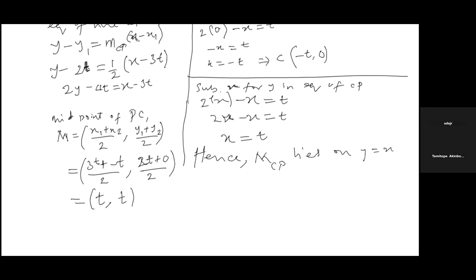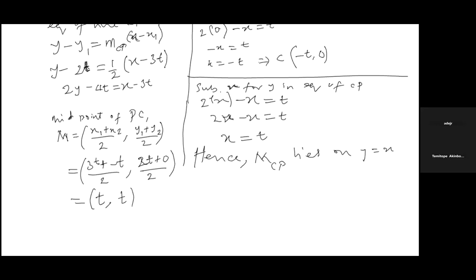The midpoint of line CP lies on y equals x. And of course, the equation of line y equals x is going to be a straight line that passes through the origin. Do you understand that? Yes, sir. So the graph of y equals x is going to be a straight line that passes through the origin. So to establish that is what we have done.